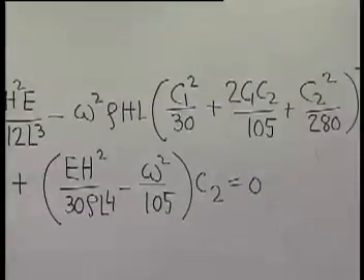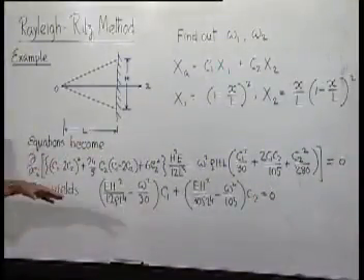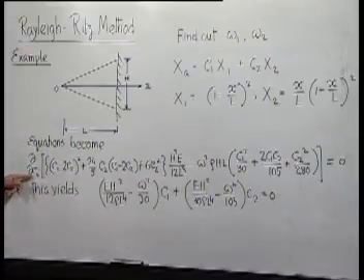So here, if you differentiate with respect to C1, we get this equation. Now if we differentiate with respect to C2 partially, we get the other equation.